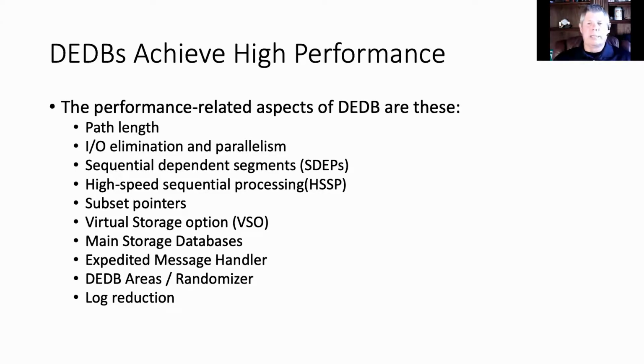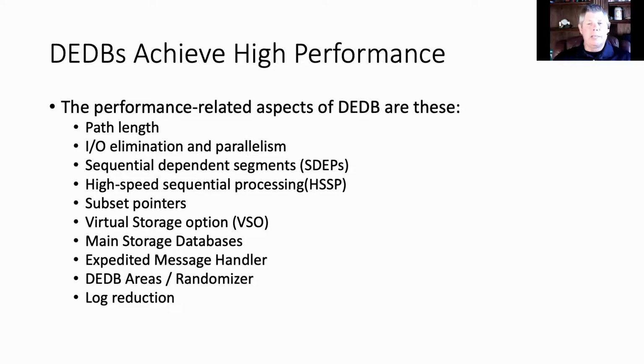FastPath uses several techniques to reduce and eliminate I/O, so you have a lot less I/O. It has secondary dependent segments that are stored separately from the roots, in an entry sequence manner, at the end of the area. The SDEP facility is designed for data entry processing, which will give you a very fast insert capability.